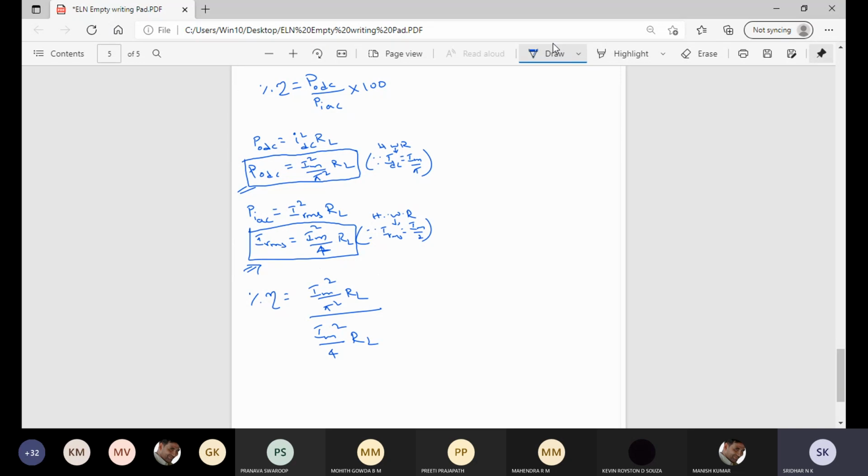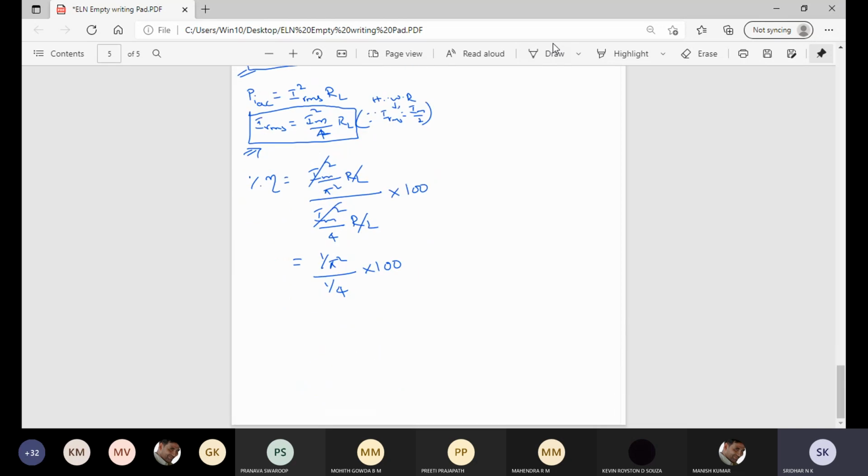So what do you get out of this? Into 100. This and this will get cancelled, this and this will get cancelled. So you get 1 over pi square divided by 1 over 4 into 100, right?